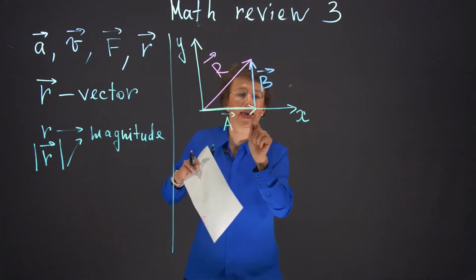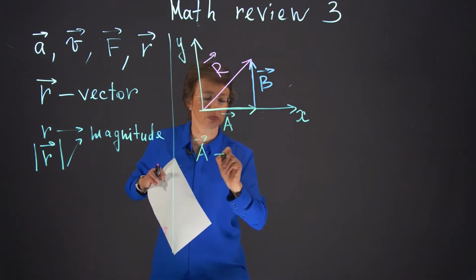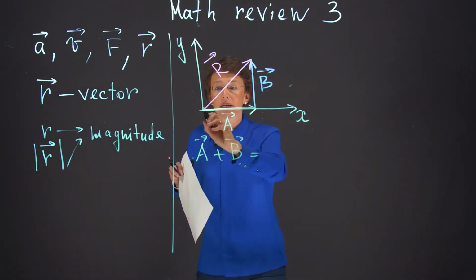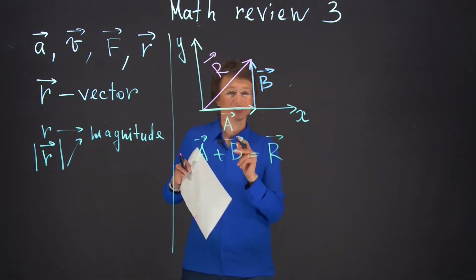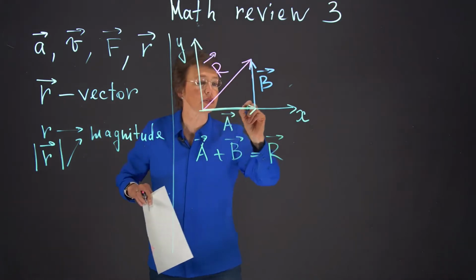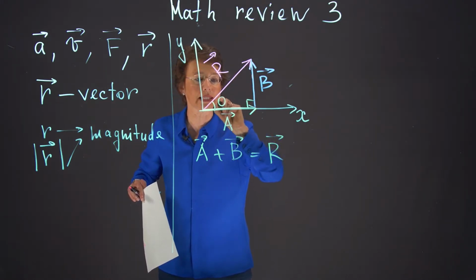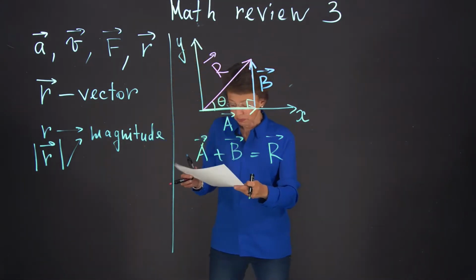If I have A plus B, A as a vector plus B as a vector, then the vector sum from start to tail is R. I will also introduce, this is 90 degrees, this is my favorite right triangle, and I will also introduce angle theta that R makes with horizontal.